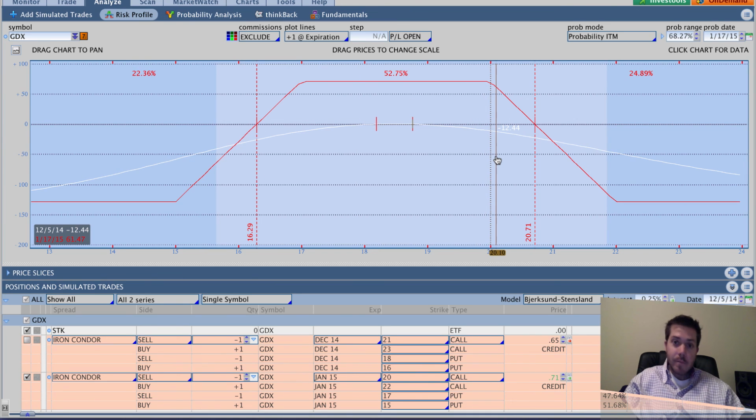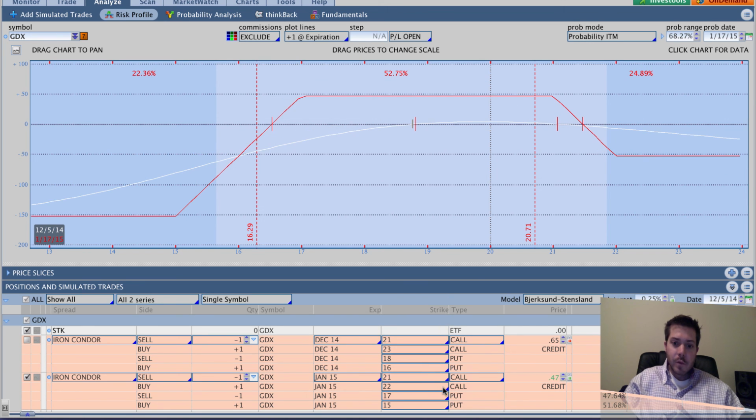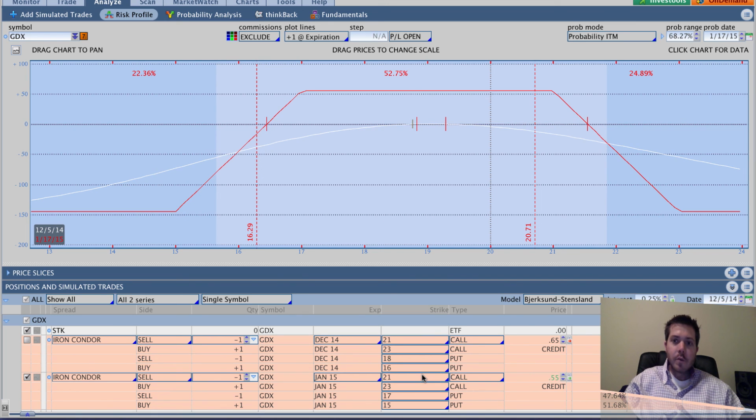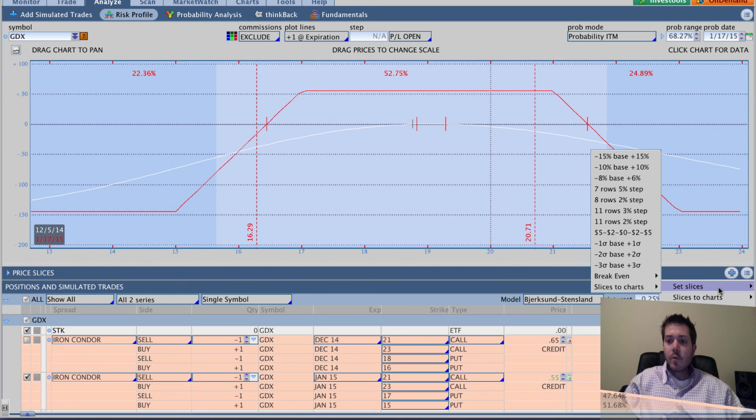So with that in mind, I would want to skew it to the upside. So I would move my short strike higher on the call side, move that to 21, and if I'm keeping it balanced, I move the long strike to 23. So what does that do? Well, it reduces our credit fairly significantly to 55, and it also widens our range pretty well.